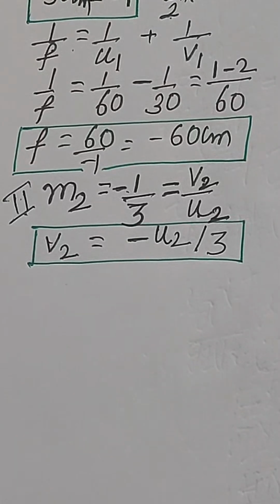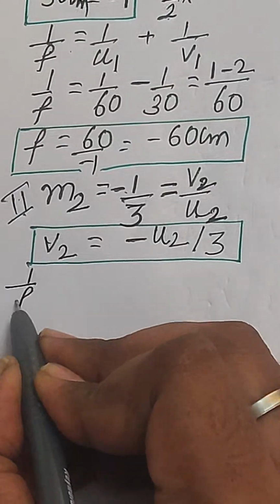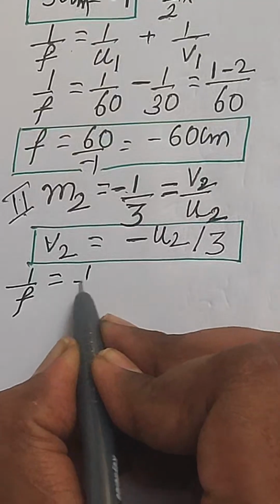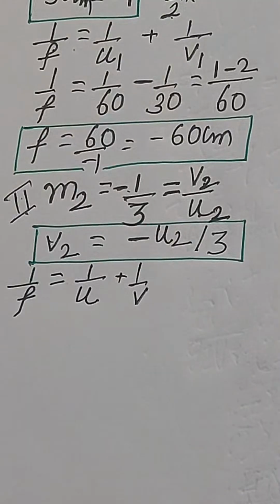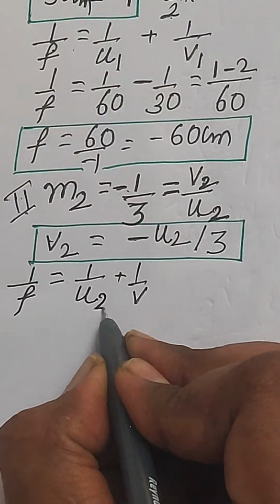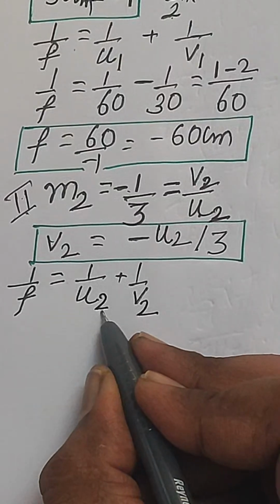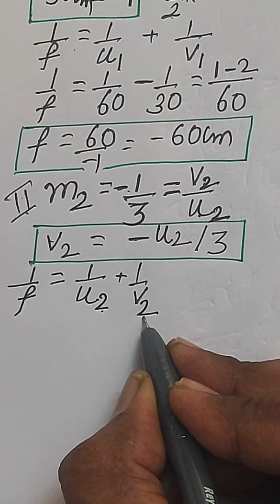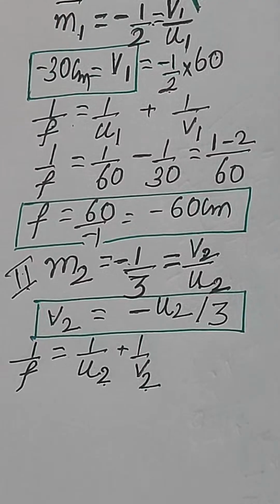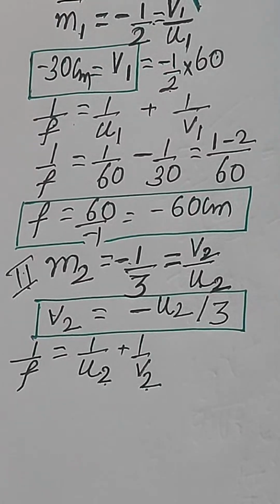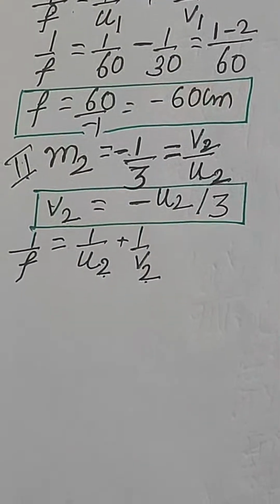Now again use the same mirror formula, 1 by f is equal to 1 by u plus 1 by v. So basically this will be the second case where u2 and v2 are considered. In place of u it's u2, in place of v it's v2. And the focal length we have already calculated earlier, and that is equal to minus 60.